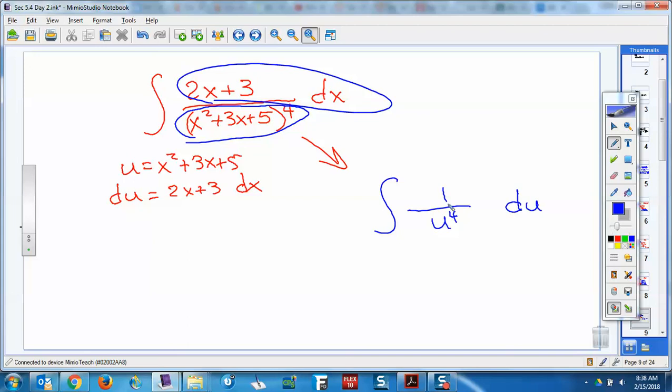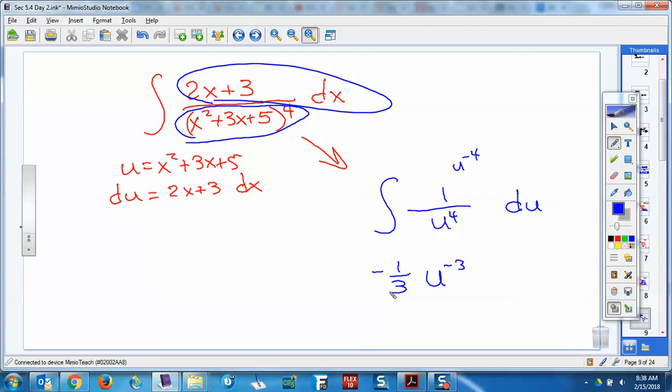So look at that. With that substitution idea, we've turned that into a simple u to the negative 4, which I can now just raise up 1, which is u to the negative 3, divide by negative 3, which would be that, right? We'd rather have fractions, but you don't have to, but I like fractions better.